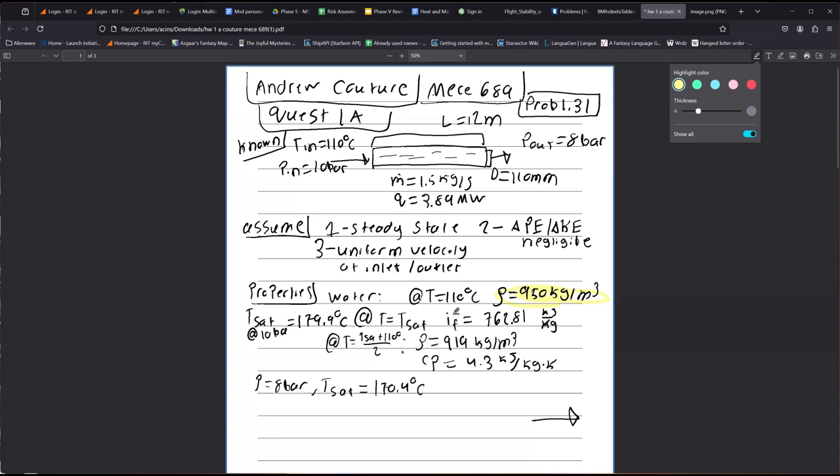Using that saturation temperature, we find that the saturated liquid enthalpy is 762.81 kilojoules per kilogram, and that the Cp at that same temperature is 4.3 kilojoules per kilogram Kelvin.